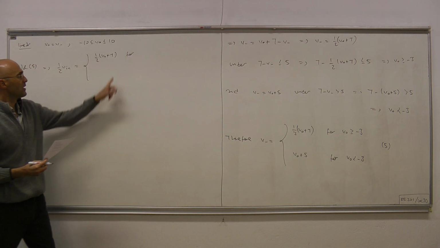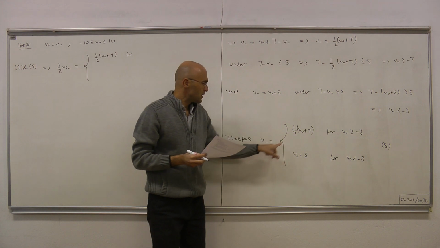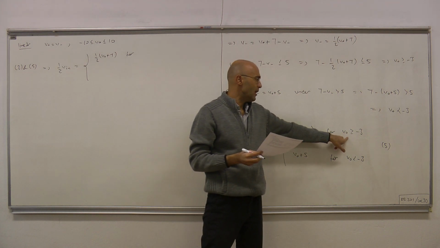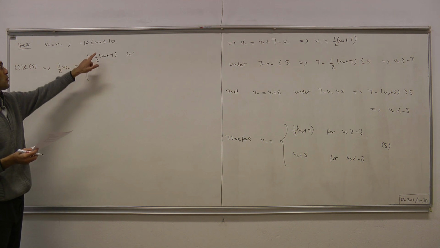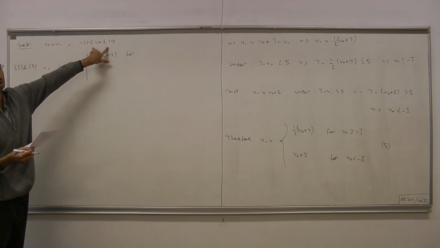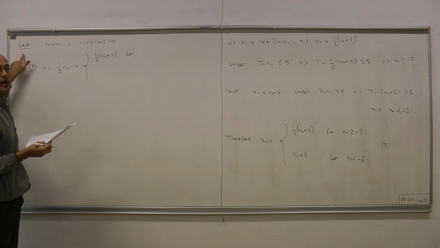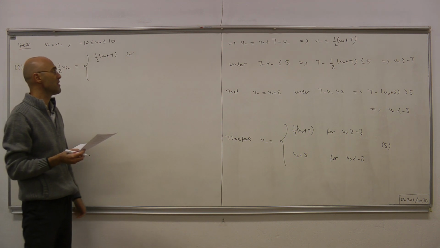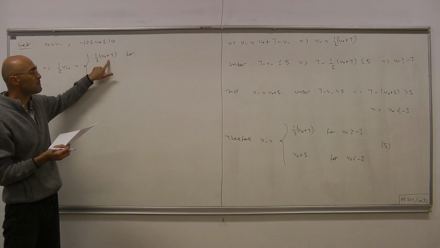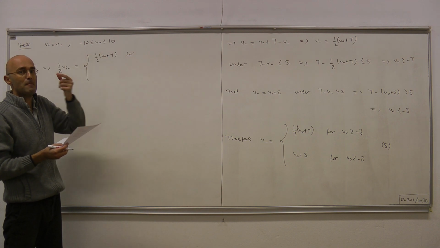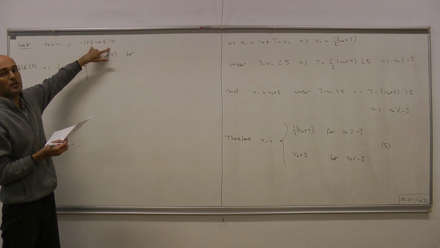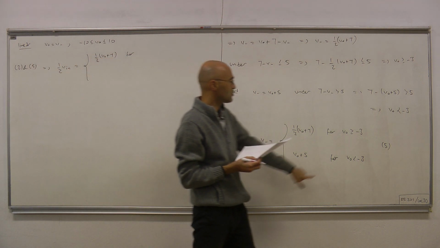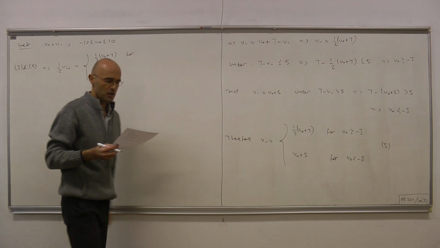4. Now, for this relation to hold, we have a condition on V out. V out should be larger than minus 3. We also have another condition on V out. It should be in this range because we're considering the case where the op amp is in a linear region. Therefore, for this to hold, V out must lie in the intersection of those two constraints. V out within the minus 10 to 10 interval and V out larger than minus 3.